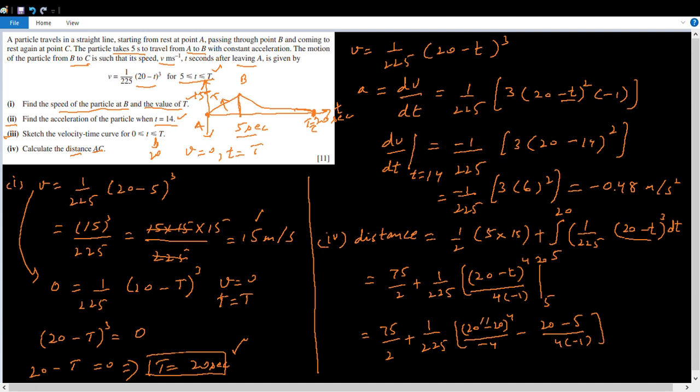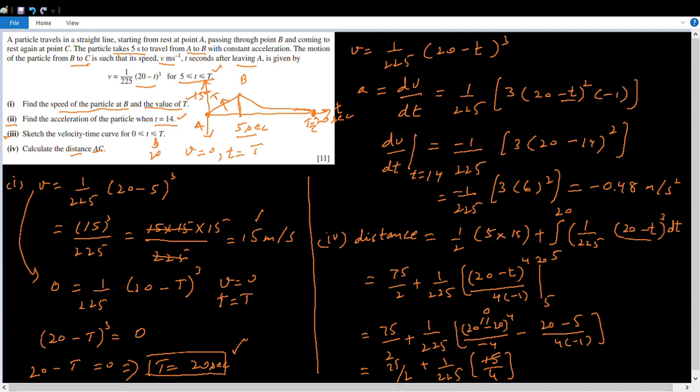The first factor turns to 0, because 20 minus 20 is 0, and 0 over minus 4 is 0, so we are left with only 20 minus 5, that is 15 over minus 4, and this minus will make it positive.